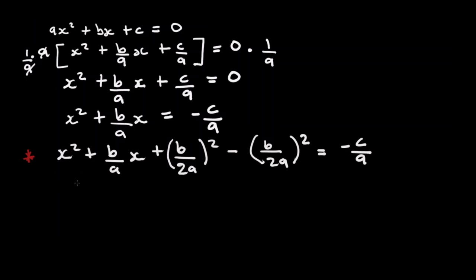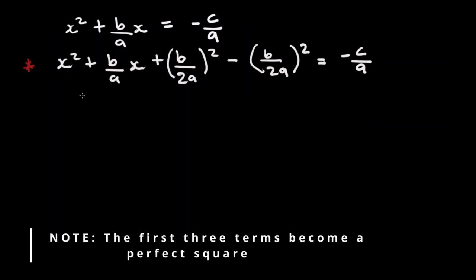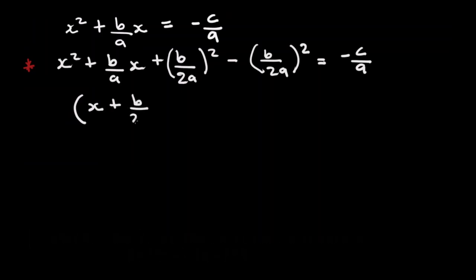Okay, the first three terms on the left hand side become a perfect square: x plus b over 2a, squared, minus, let us simplify here, b squared over 4a squared, is equal to minus c over a.